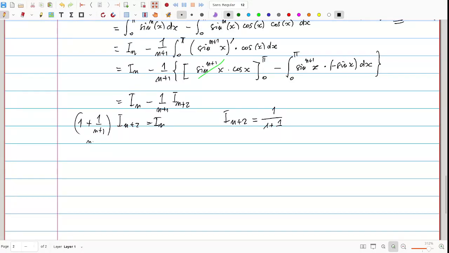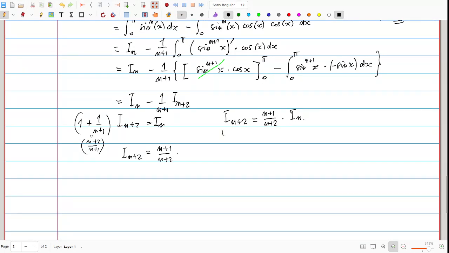This is n plus 2 divided by n plus 1, right? So this is n plus 1 divided by n plus 2 times In. This means that I(n+2) is equal to n plus 1 divided by n plus 2 times In.